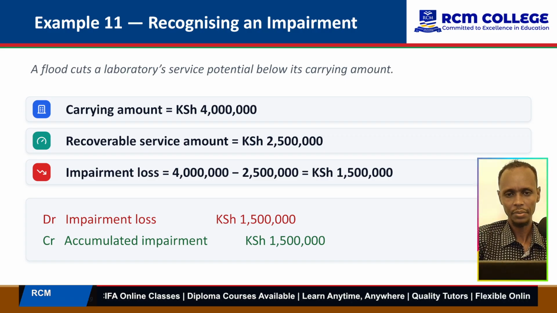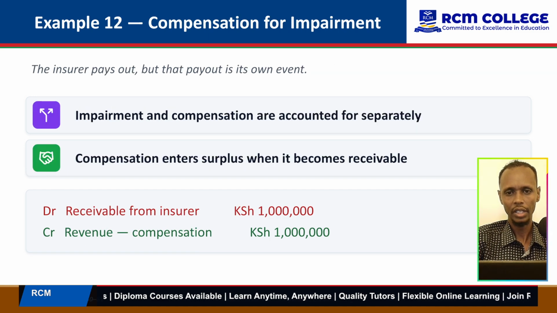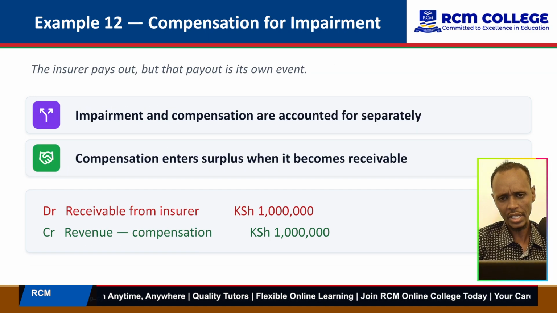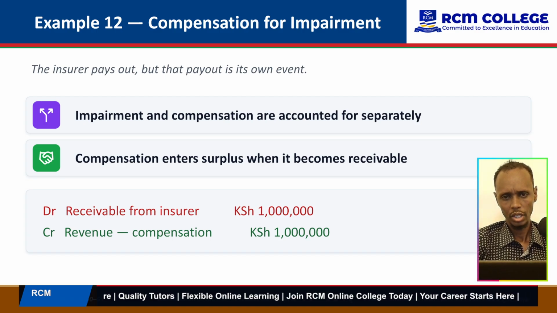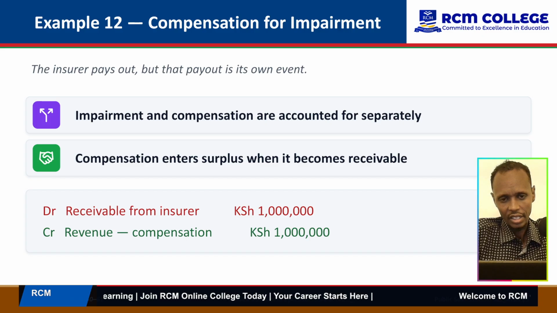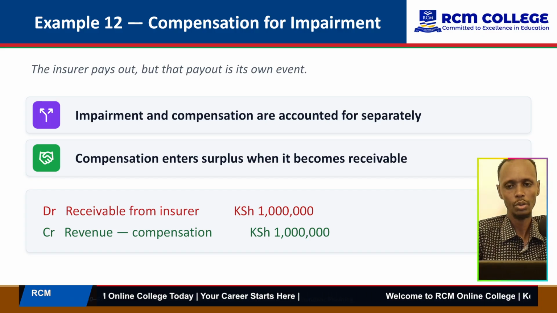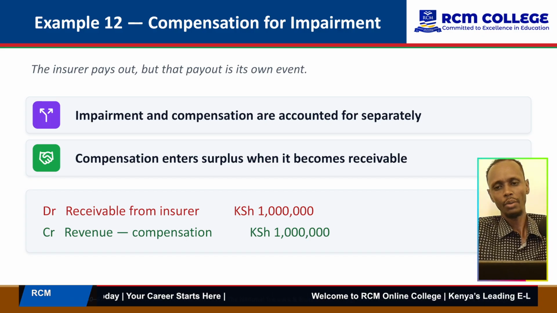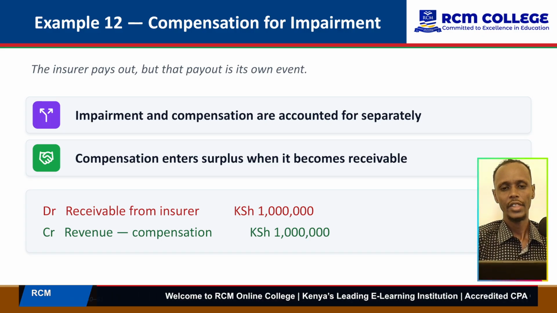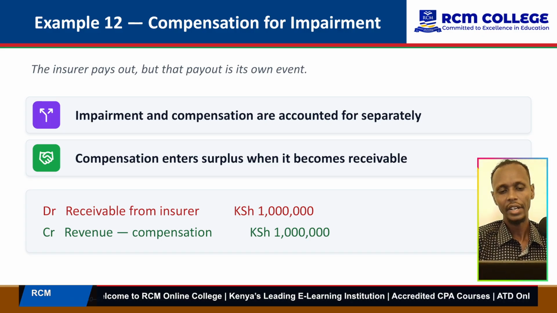Okay. So compensation: if you are compensated for that loss, you treat this differently. You don't increase the value of that asset. The value of that asset will remain as it was, but if you are compensated, what you will do is recognize the revenue.